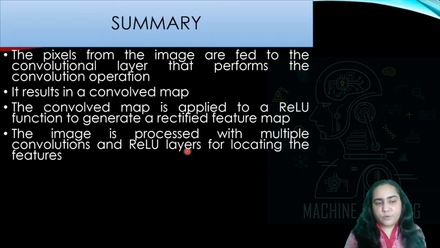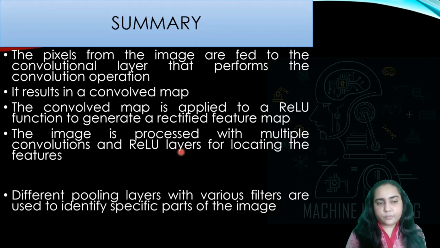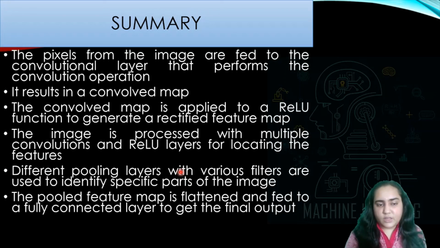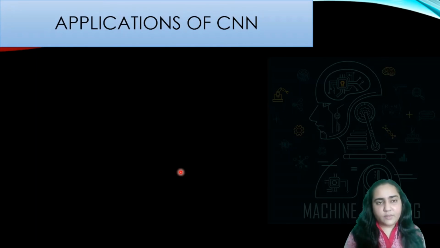Then this image is processed with multiple convolutions and ReLU layers for locating the features. Then you're going to perform your max pooling, okay, to identify different parts of the image. This pooled feature map is again flattened to create one whole vector of one dimension. And then that's how your CNN is ready.